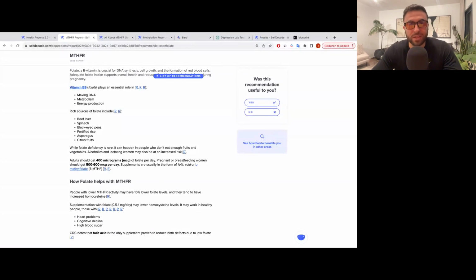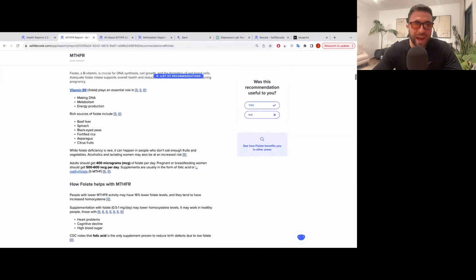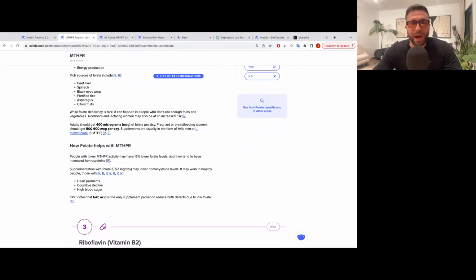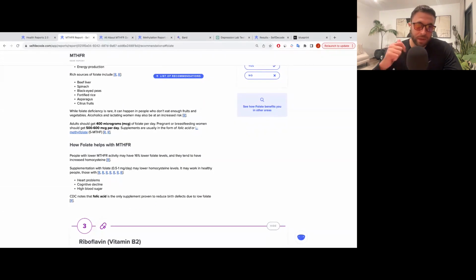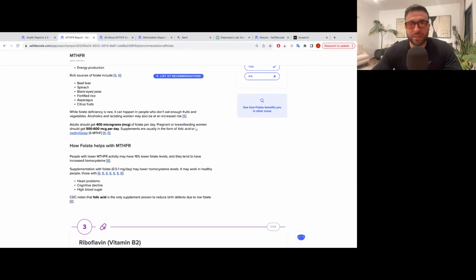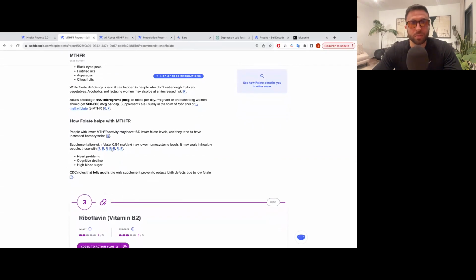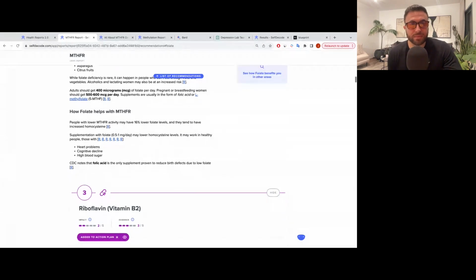with the MTHFR. The problem is that it's just not as good as taking the 5-methylfolate, because that folate is already much more bioavailable, so it bypasses the MTHFR enzyme, and it doesn't need to work as well. People with lower MTHFR activity may have 16% lower folate levels, and they tend to have increased homocysteine.